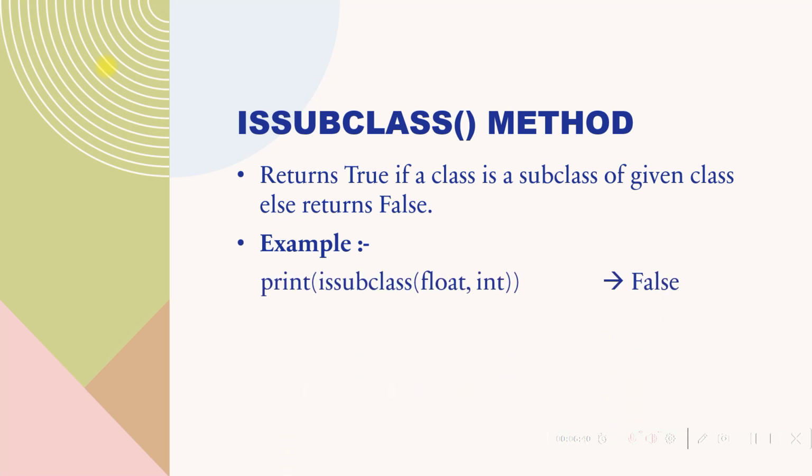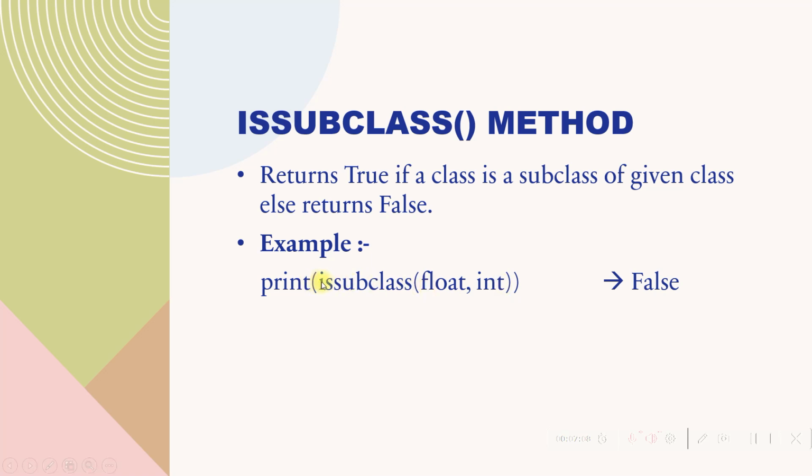The issubclass method takes two parameters. The first parameter is the subclass name and the second parameter is the class name. In my example, the issubclass method is taking two parameters. The first one is the subclass, which is the float class, and the second one is the integer class, which is the main class.